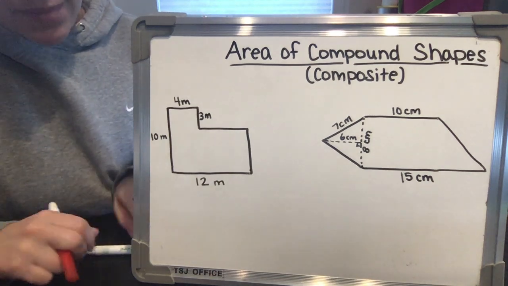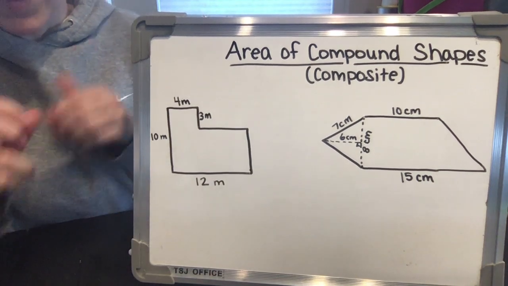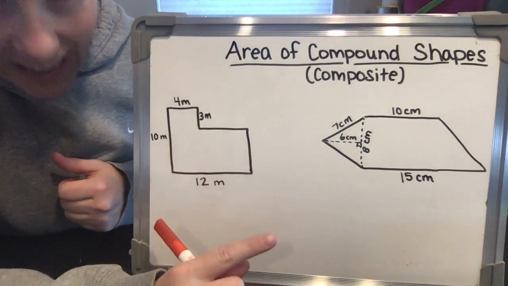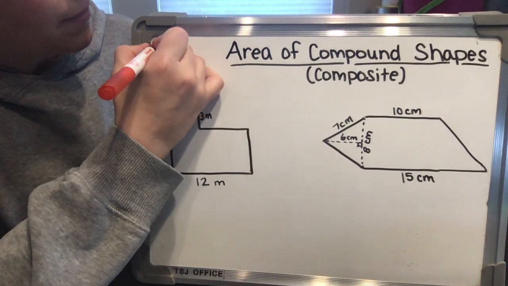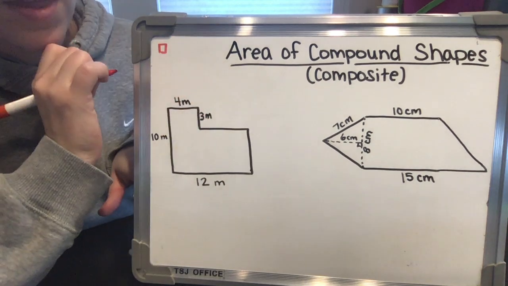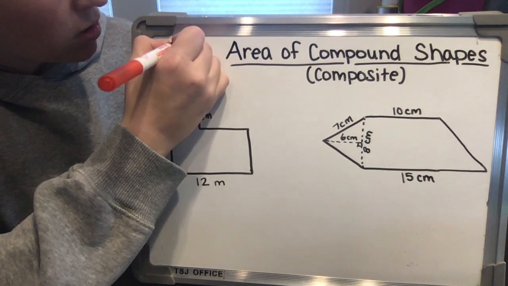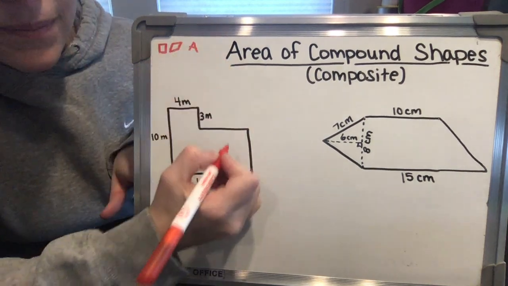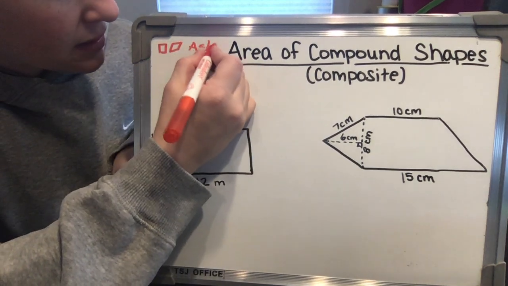The first thing I recommend always is to write down the formulas that we know. So even though I don't see shapes that I'm familiar with yet, I'm going to write my formulas up top. I know that the area of a rectangle or another parallelogram is area equals base times height.